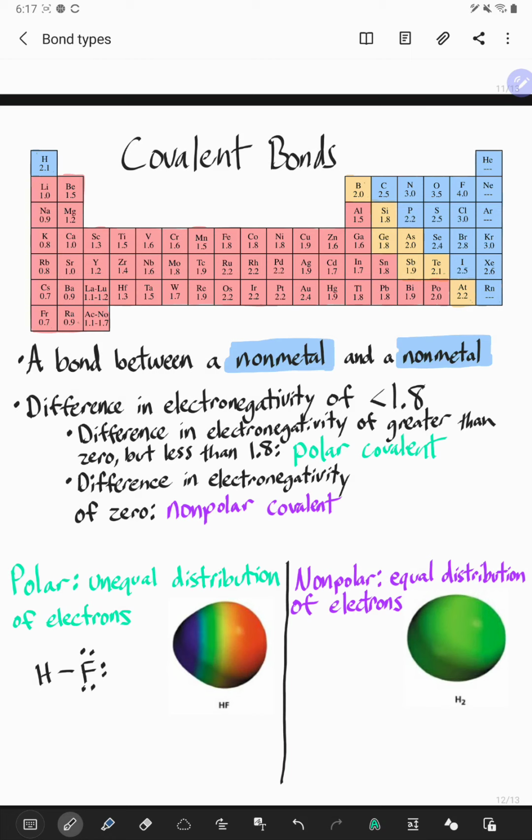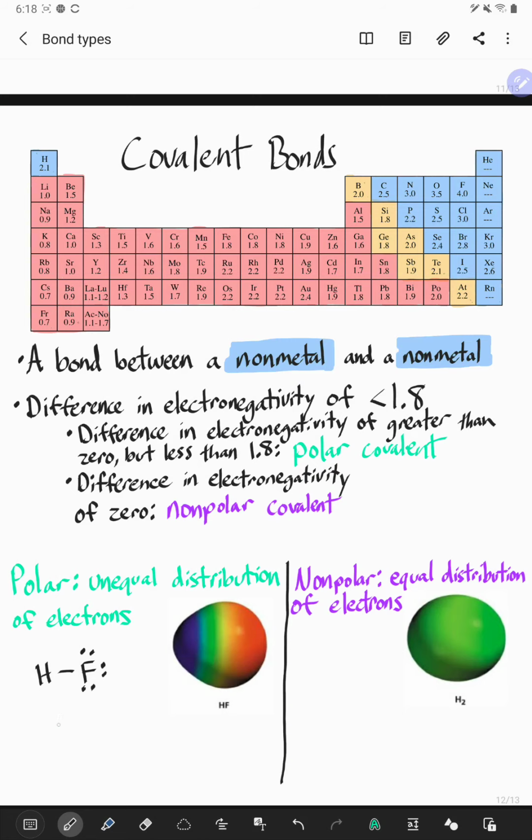All right. So we have this bond here, and it's important to refresh your understanding of what electronegativity is. Recall that electronegativity is the tendency to attract electrons in a chemical bond.